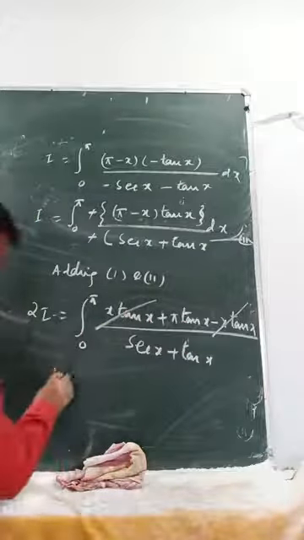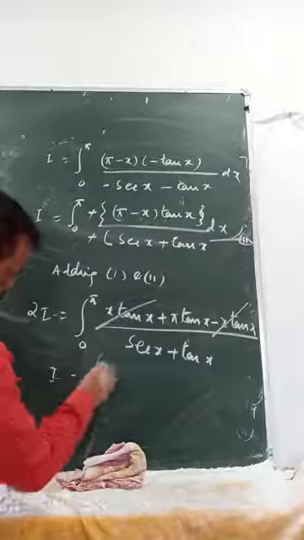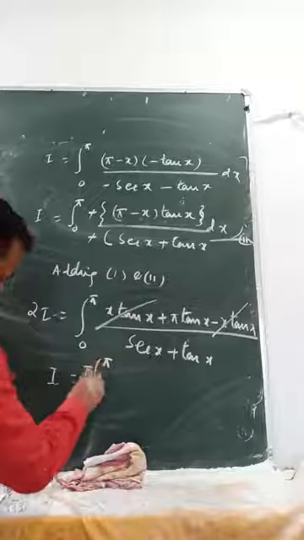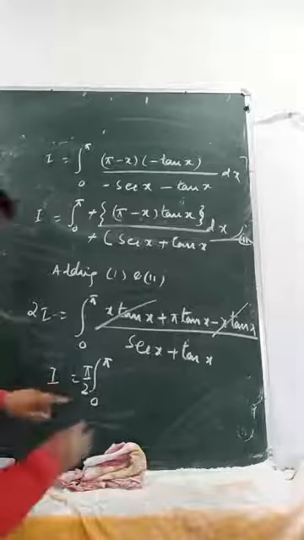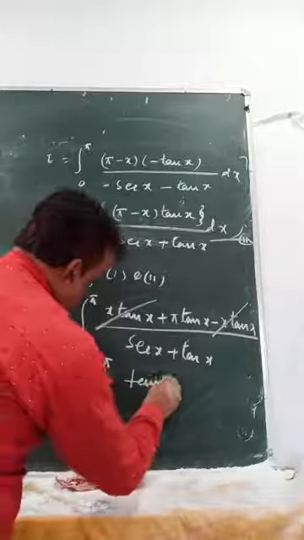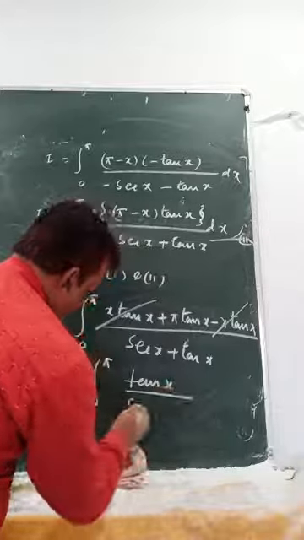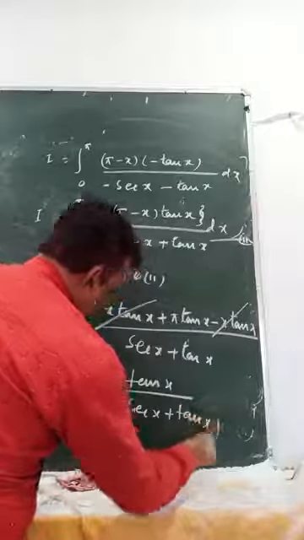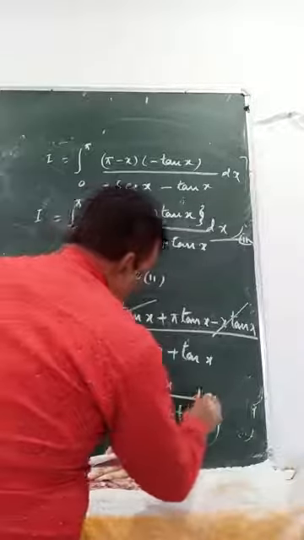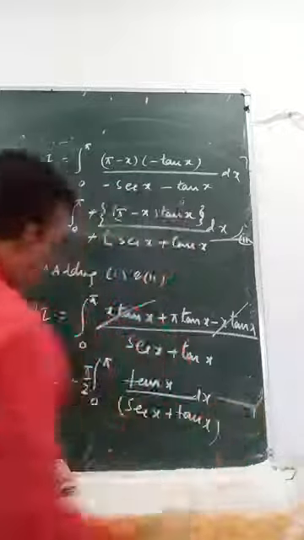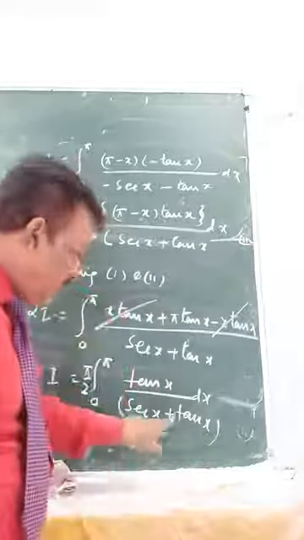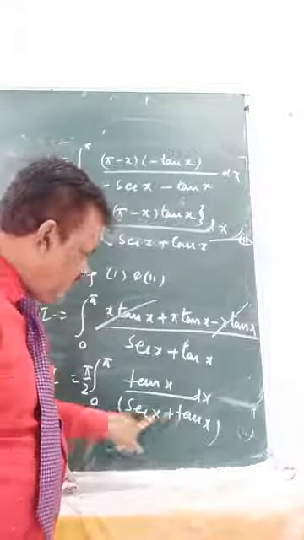So I equals integral 0 to pi, if I take out this pi, it will be pi by 2, this 2 I have taken down, tan x by sec x plus tan x. So how did you get help from this property? Now the x is cancelled. Only trigonometric functions remain, so multiply by its conjugate.